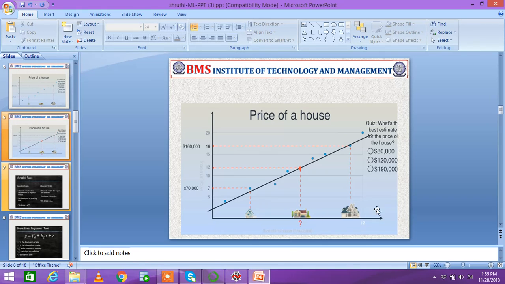The linear regression model will help you to calculate the slope, and using the slope you are able to predict, in this particular example, the price. Similarly, we are able to forecast or predict the future market price. Anything can be done with a similar example.